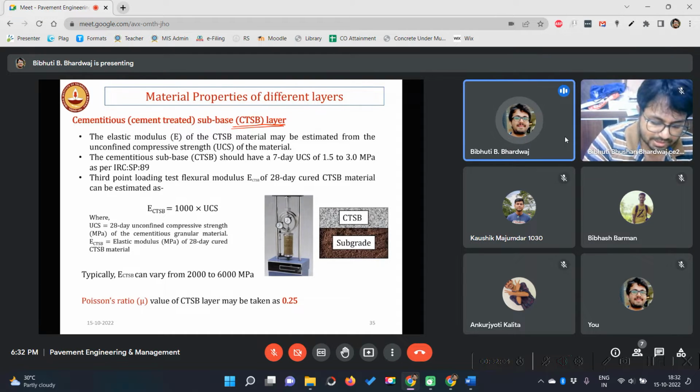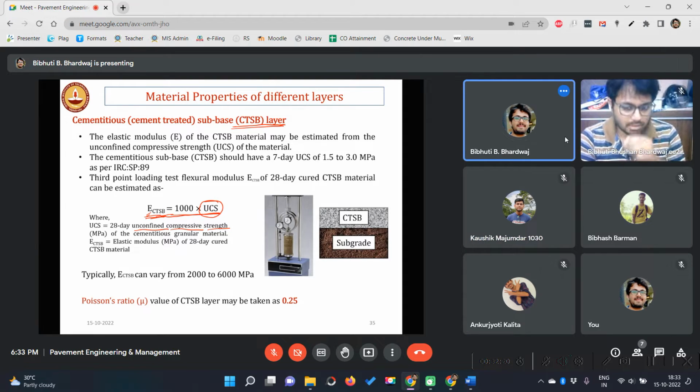In that case, this MR or this E is calculated like this. What is this UCS? Unconfined compressive strength. So you must have done this test, right, in the soil mechanics lab, geotechnical lab.